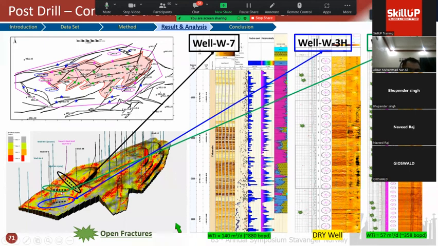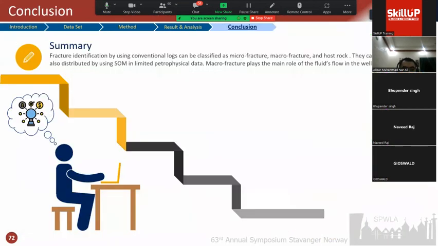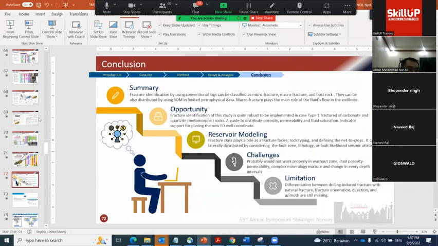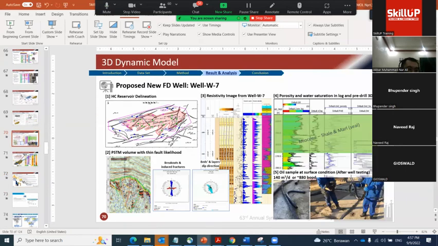Meanwhile, in well number 6 and well number 7, we can see hundreds or even thousands of fractures, identified from the resistivity image and also from the acoustic image. So that's why this method is quite robust in order to identify the fracture distribution in fracture basement reservoirs. I think that's all from my presentation today.